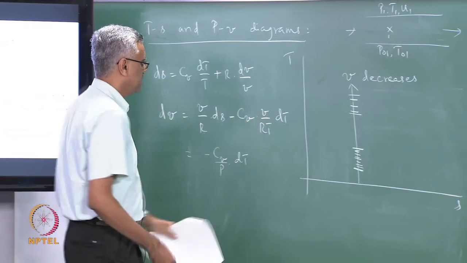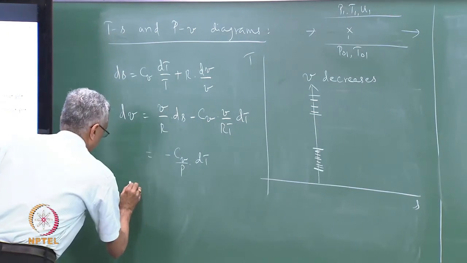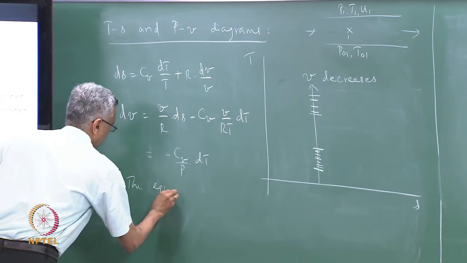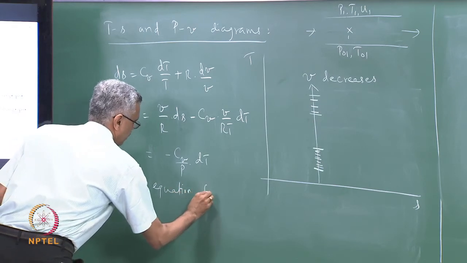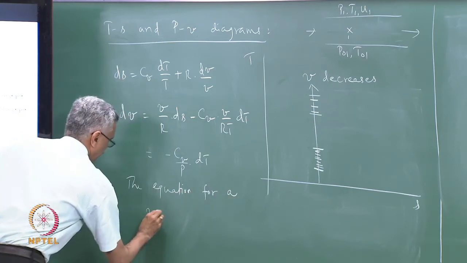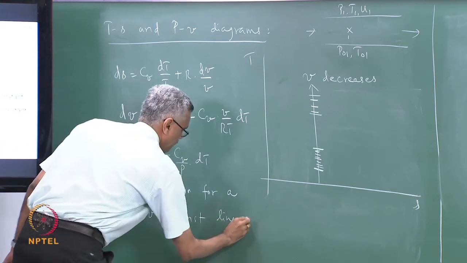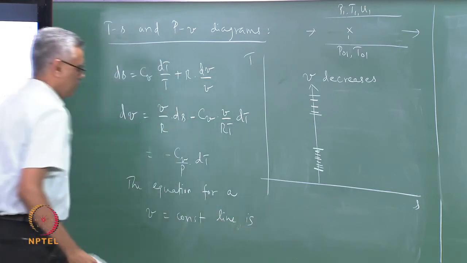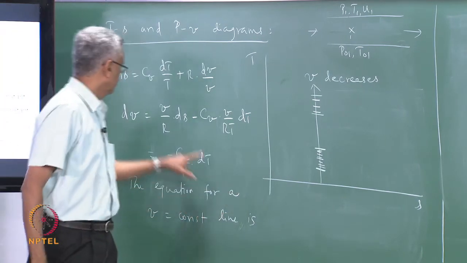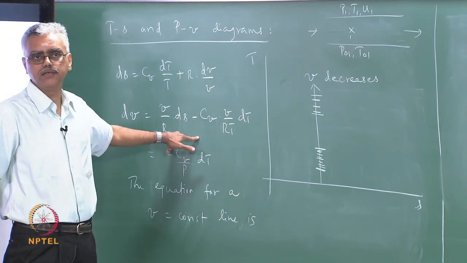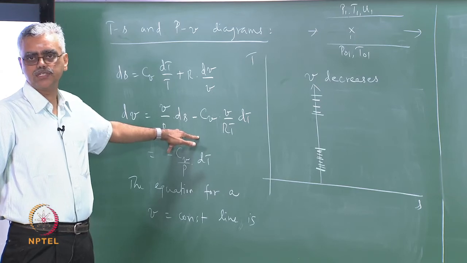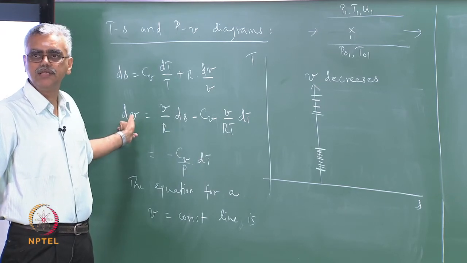Now the equation for a V equal to constant line can be obtained from here by simply setting, if V is constant, then dV is equal to 0.